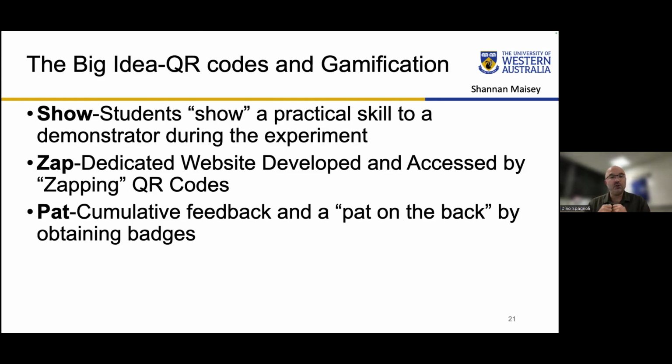If we thought that the student required some additional resources to help them develop that practical skill, we'd put a QR code in their lab manual, and when they got home, they could zap the QR code and get an online resource specific to what we wanted them to develop. And then the pat on the back was a set of proficiencies in the LMS that students needed to achieve to obtain badges.